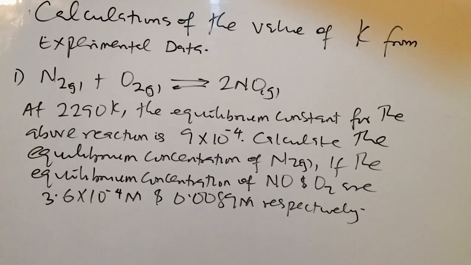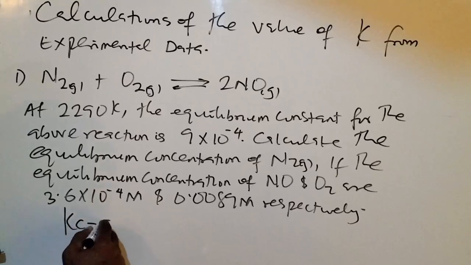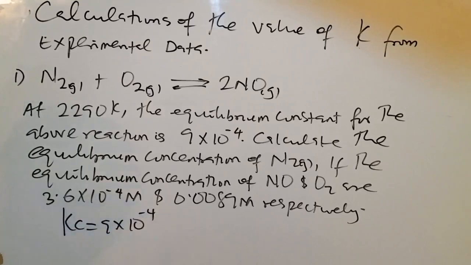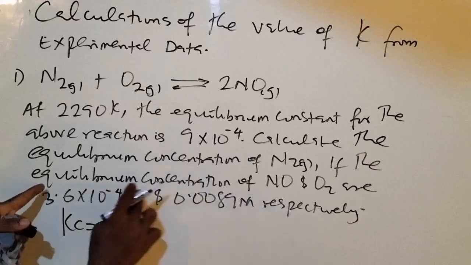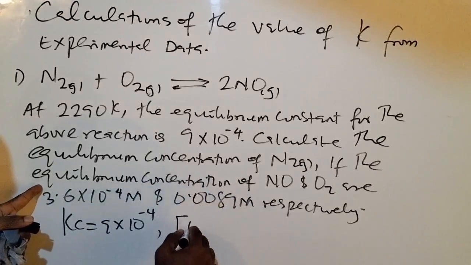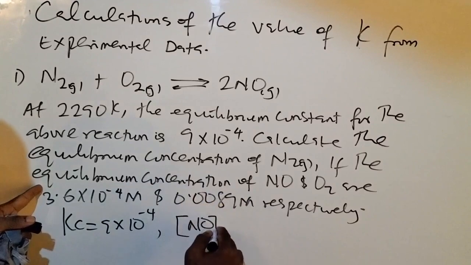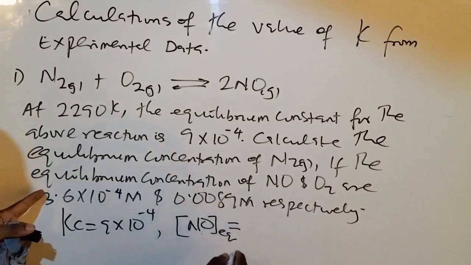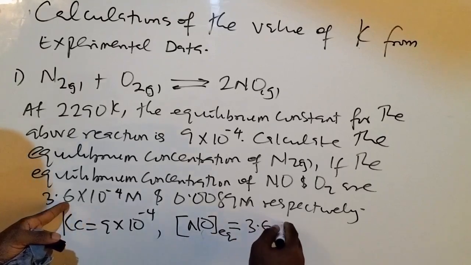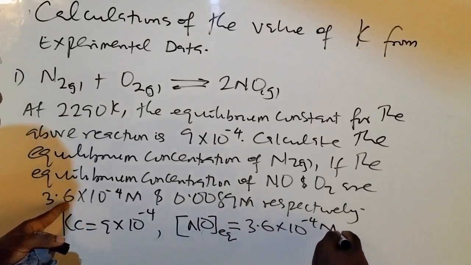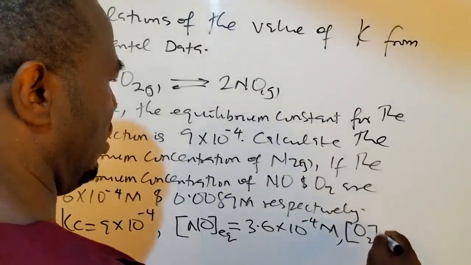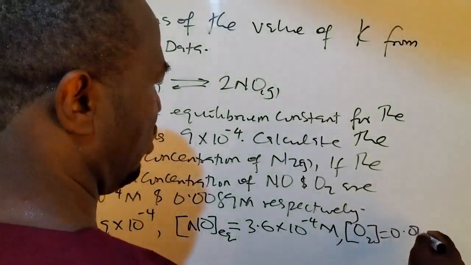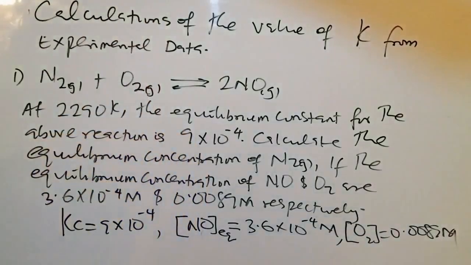So in this reaction, we're given the equilibrium constant. Our Kc is given to us as 9 times 10 to the power minus 4, and the reaction is presumed to be at equilibrium. We're given the equilibrium concentrations. The concentration of NO at equilibrium is 3.6 times 10 to the power minus 4 mole per dm cube, and that of oxygen at equilibrium is 0.0089 mole per dm cube.